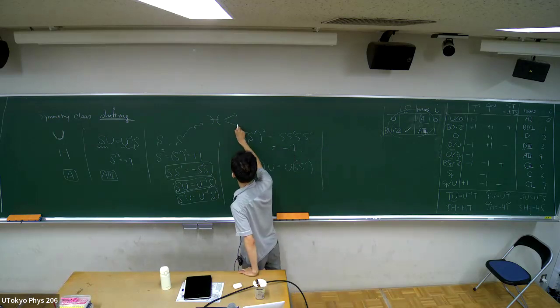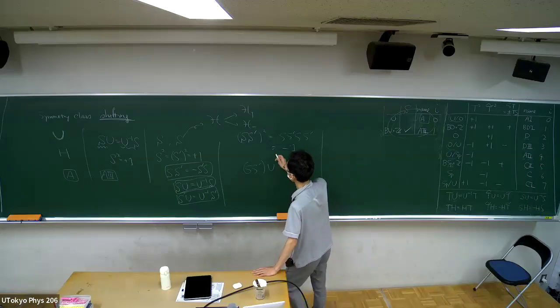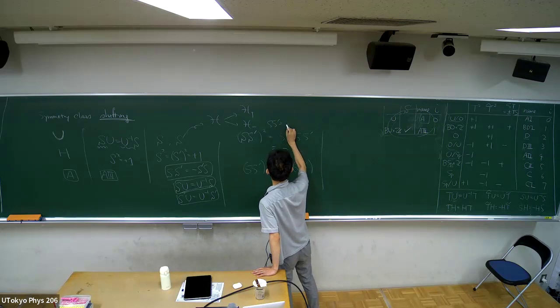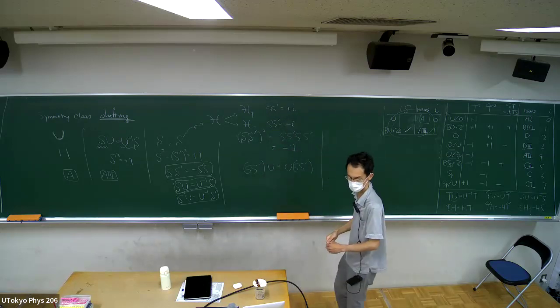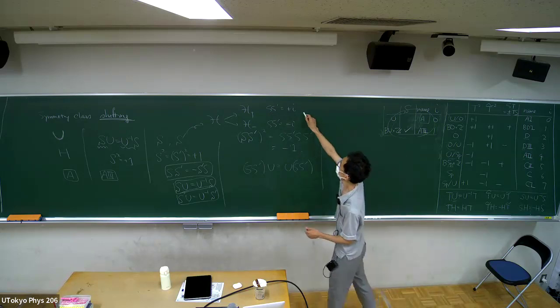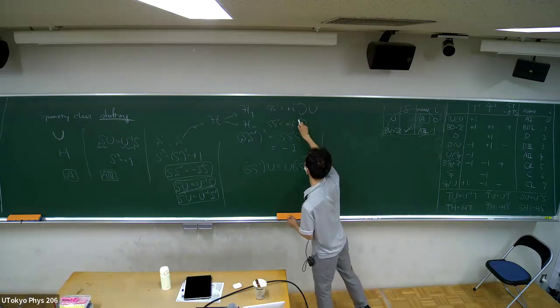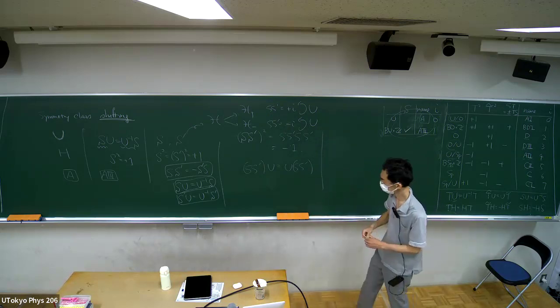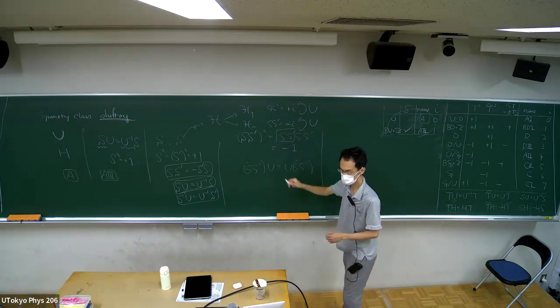So suppose these all act on the Hilbert space H, and you can decompose this H into H plus and H minus, where SS prime is plus i or minus i. Then U acts within the eigenspaces of SS prime.